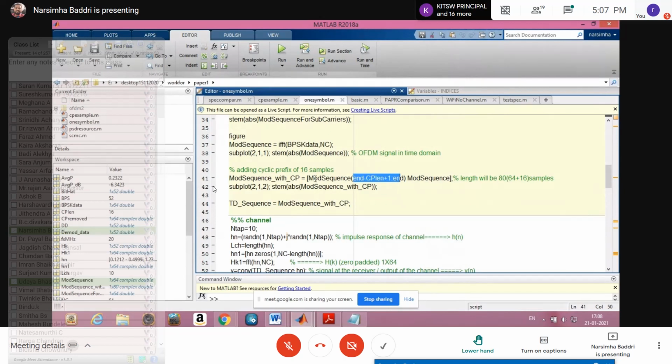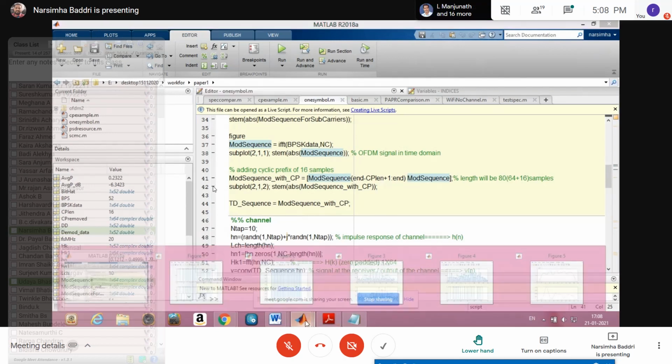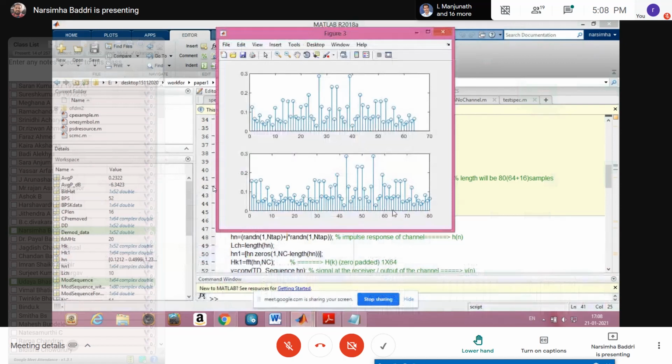Now the next part is the cyclic prefix. What we are doing is, from the modulated data, we take the last 16 samples, from end minus CP length plus 1 to end, and append them at the beginning.